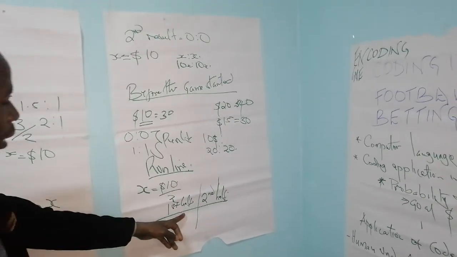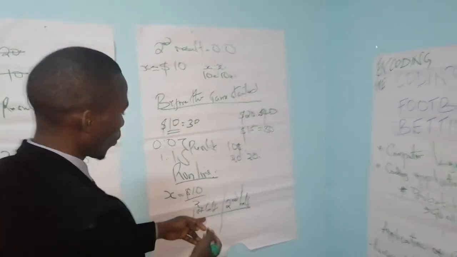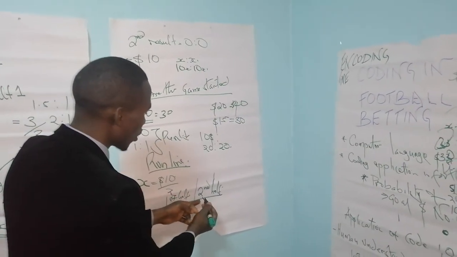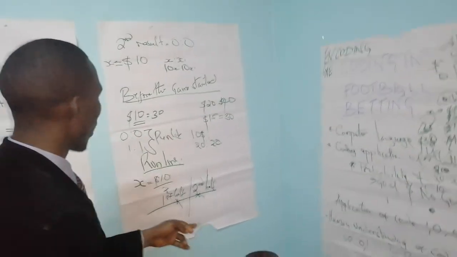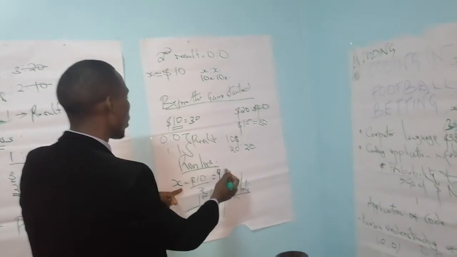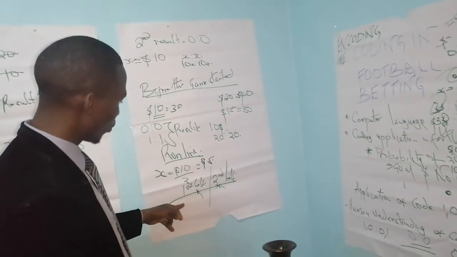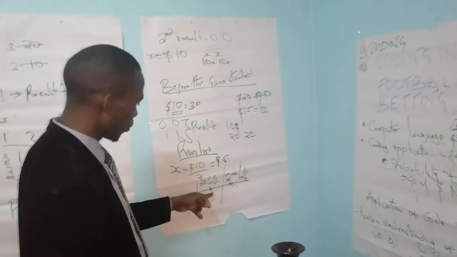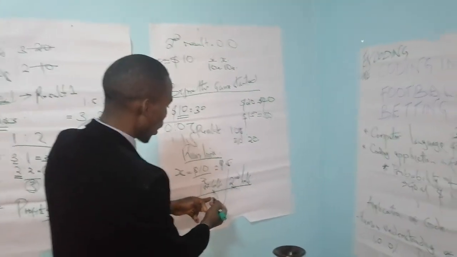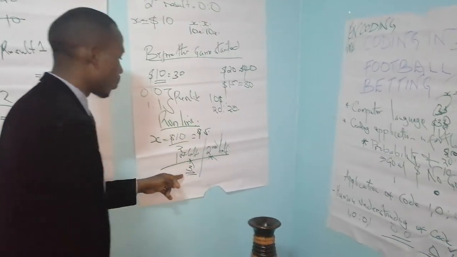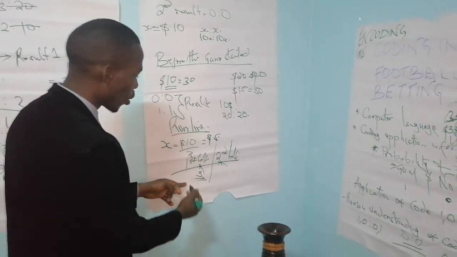When you're running in the first half, be careful where you place your $5. You have to wait for it to be at around 3 as an odd, whereby you expect a goal to be scored.